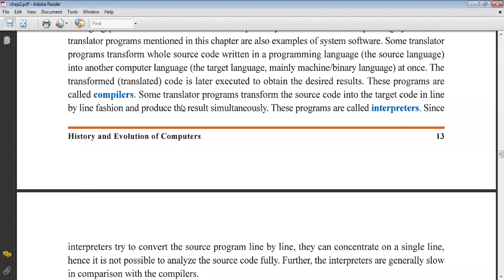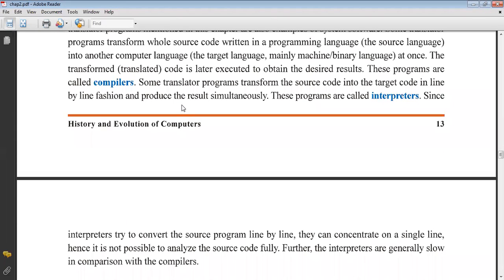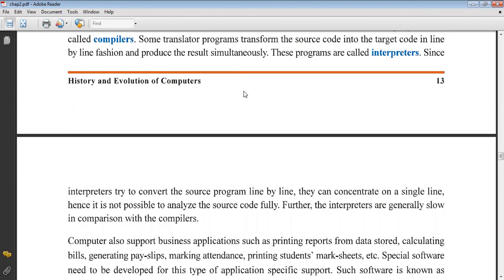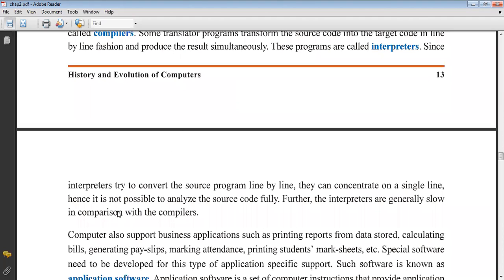In the same way, we also completed the topic what is compiler and interpreter. These are translator programs. An interpreter tries to convert the source program line by line.